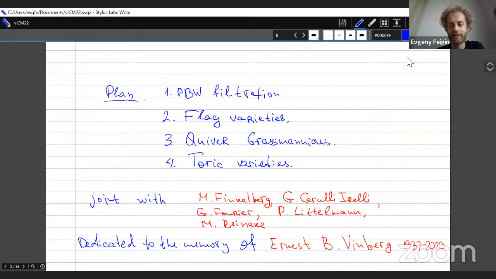The classical flag varieties have their analogs in this graded or filtered theory, and we'll introduce the corresponding geometry in our talk. These flag varieties, the degenerate flag varieties, are singular in general, and so they are related to several other objects like quiver Grassmannians and toric varieties.